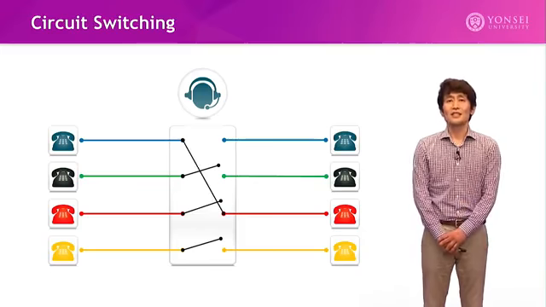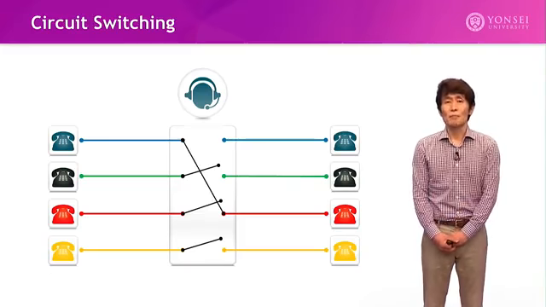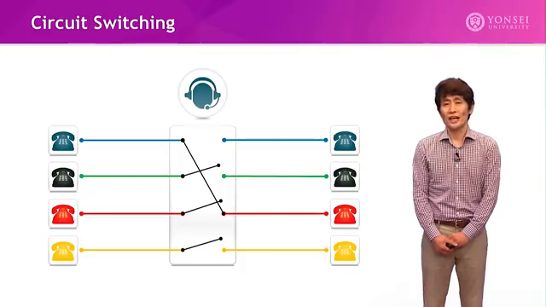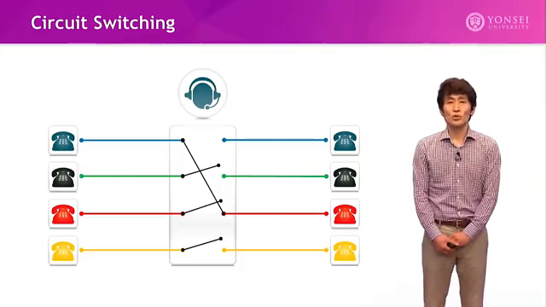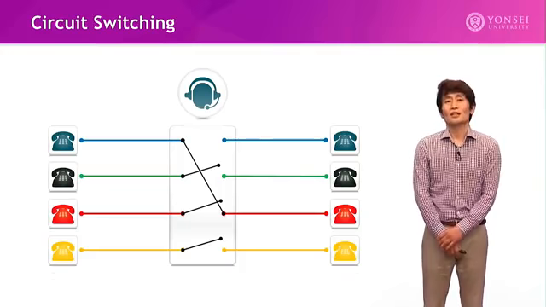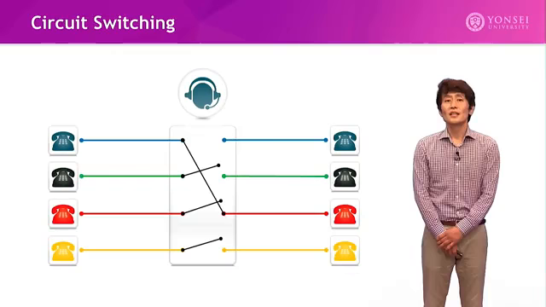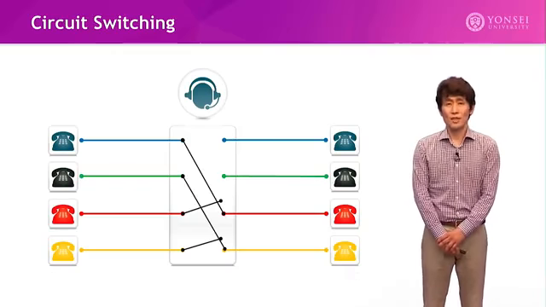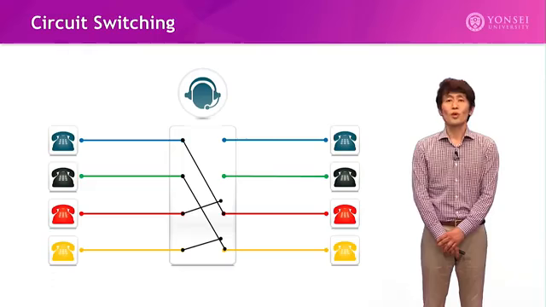Then the circuit is switched. Basically, the string is attached from blue side to the red side. Then you can talk to each other without any problem. Then another person on the green telephone may want to talk to the yellow side. Then you can switch one more line to connect them.